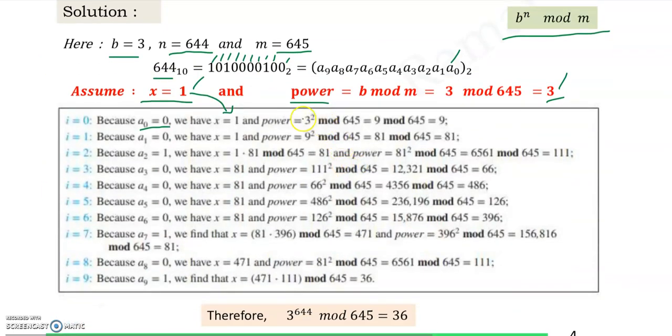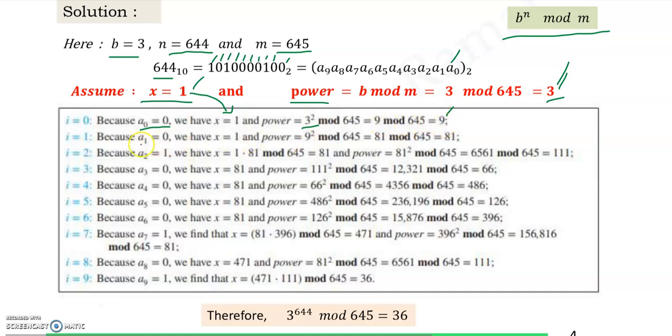So already what I found for the power is 3. So what is the new power? That is 3 squared, because the rule is power multiply power. So 3 squared is 9. So 9 modulo 645. See here, 645 is a bigger number, so the remainder is 9. So that is 9.